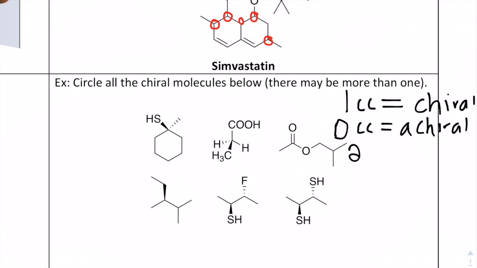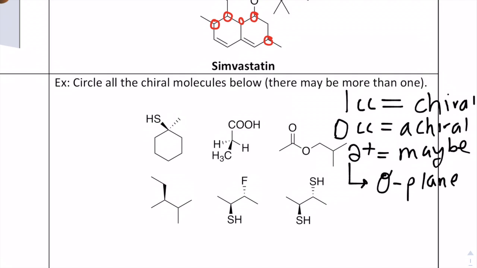And if you have 2 or more, it may or may not be. Maybe. So we have to look for some other things if we have 2 or more chiral centers. What we're looking for is something called a sigma plane. Sigma just comes from the letter S, and we're looking for symmetry, basically.